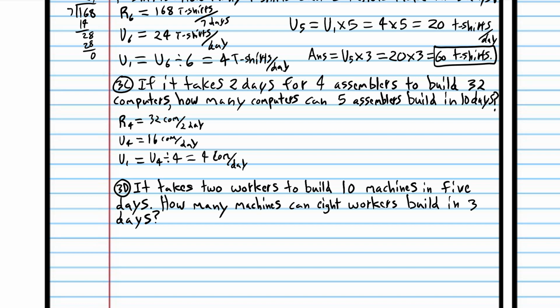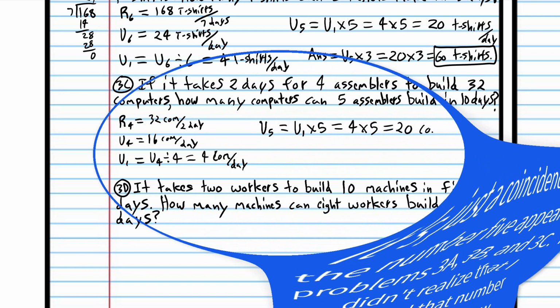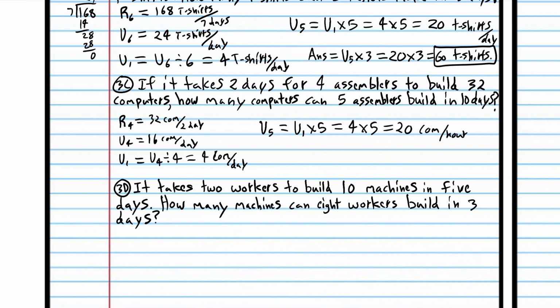Again, the unit rates are easier to work with. So now we want to know what is the unit rate for 5 assemblers. So that equals the unit rate for 1 assembler times 5. So the unit rate for 1 assembler we found is 4, multiplied by 5, and we get 20 computers per hour.